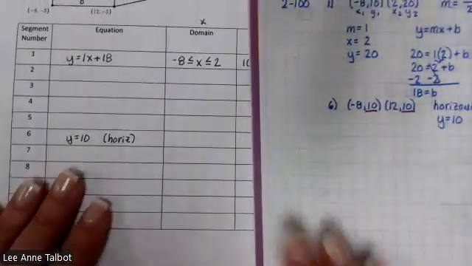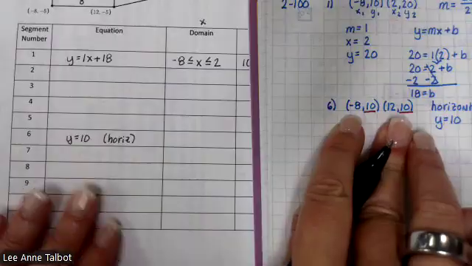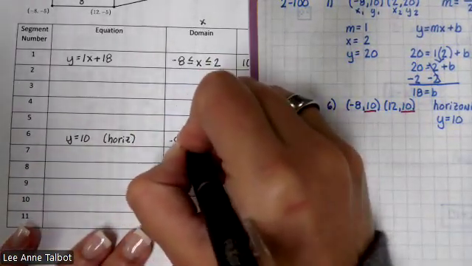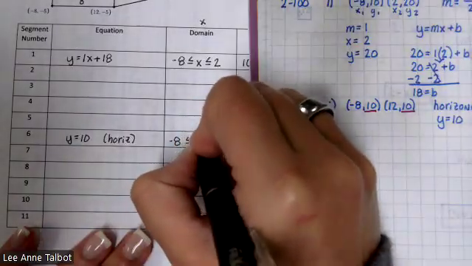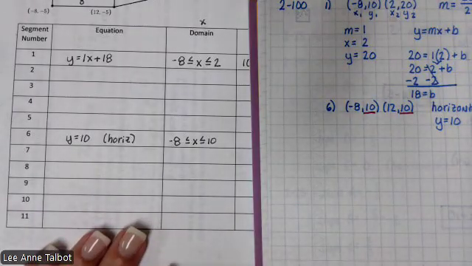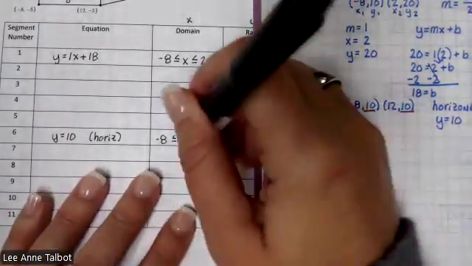Okay, and now for the domain, look at the x's, least to greatest. -8 is less than or equal to x is less than or equal to 10.